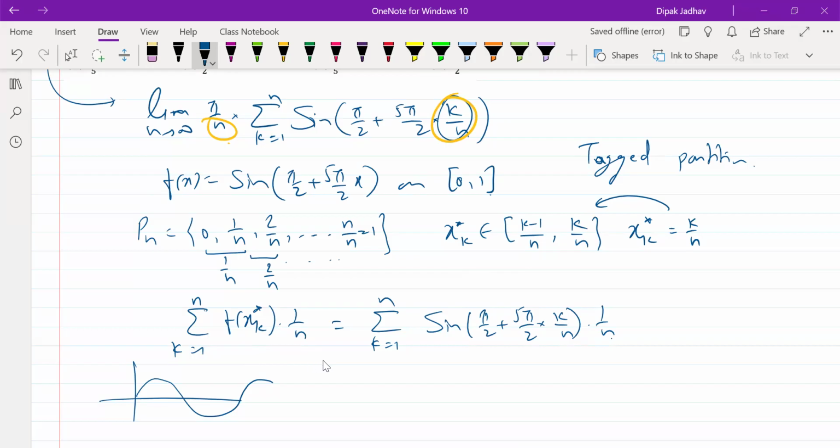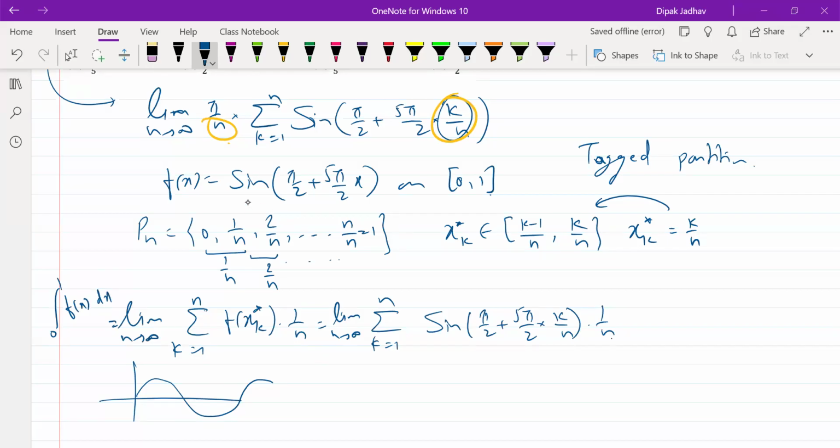If f is Riemann integrable, then the limit of this will go to the integral of f. This will be equal to the integral from 0 to 1 of f(x) dx. Is f Riemann integrable?